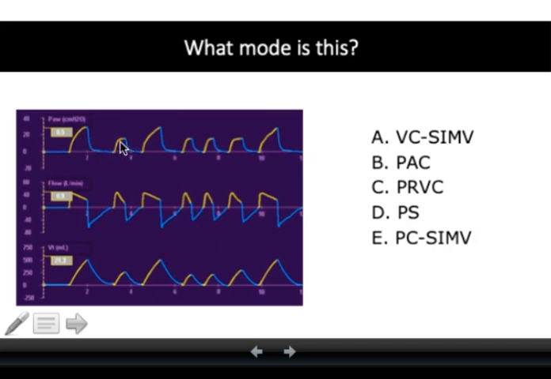So this one is actually either completely spontaneous or maybe there was some pressure support applied to this breath. And again, there's an assisted breath that was assisted by the ventilator. And then there's just a spontaneous breath or pressure support breath. So this combination of assisted breaths and pressure supported breaths means that this is SMV mode.